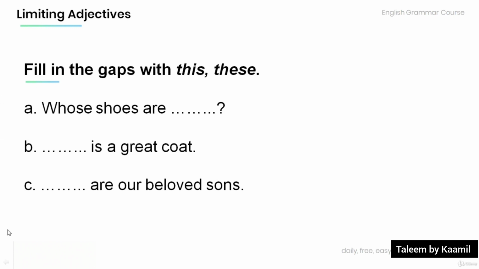And now, read the following sentences and fill in the gaps with this or these. A. Whose shoes are? B. Is a great coat. C. Our beloved sons.